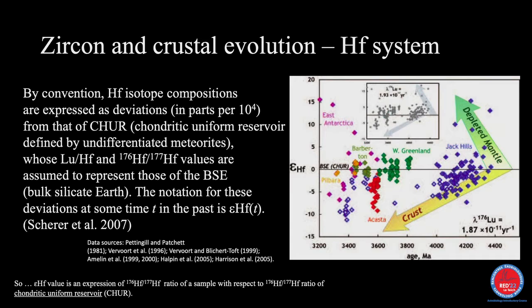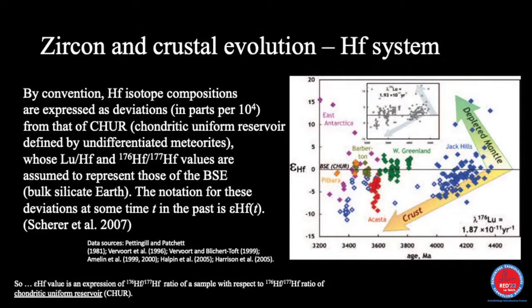And if you look at the cartoon, the line epsilon hafnium 0 symbolizes the very beginning of the whole process of the crust extraction. At the same time, we believe that this is the value of bulk silicate earth.